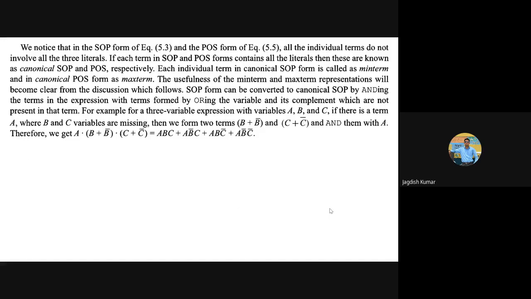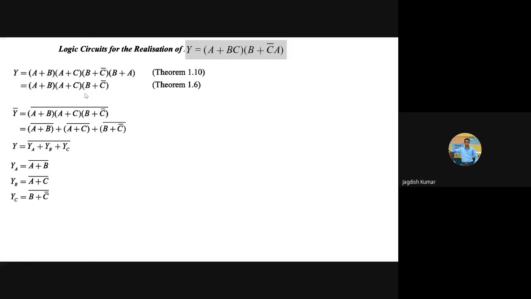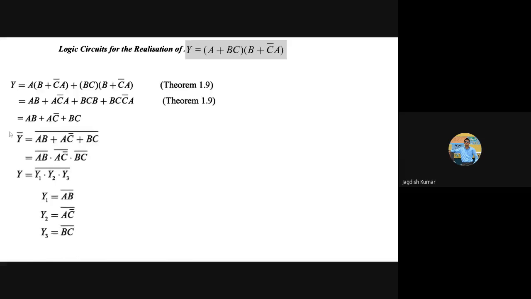Fine. So we were yesterday talking of something called minterm and maxterm. We noticed that these equations, 5.3 and 5.5, are the ones he is referring to: this one, which is the product of sums, and this one, which is the sum of products.